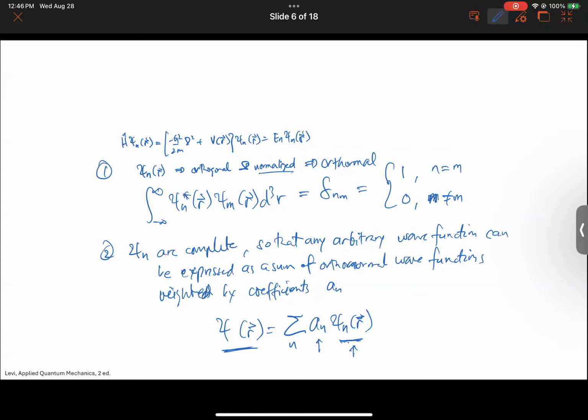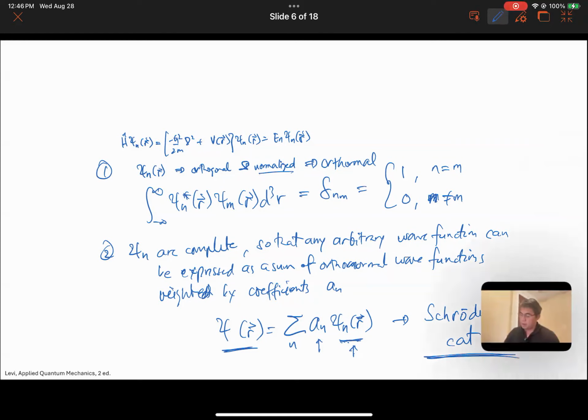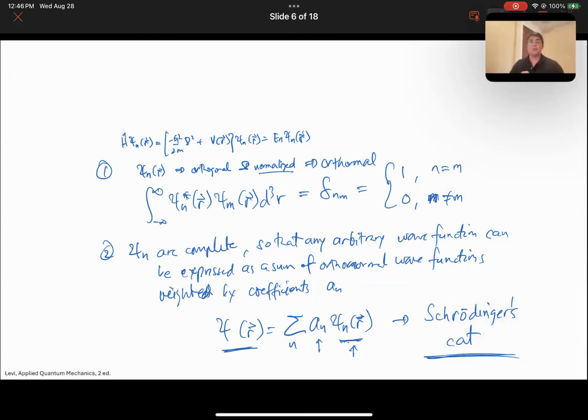So briefly, this is the equation that actually describes the behavior of Schrödinger's cat. If you remember the story of Schrödinger's cat, you have a cat inside a box, and inside the box there is also a vial of poison.